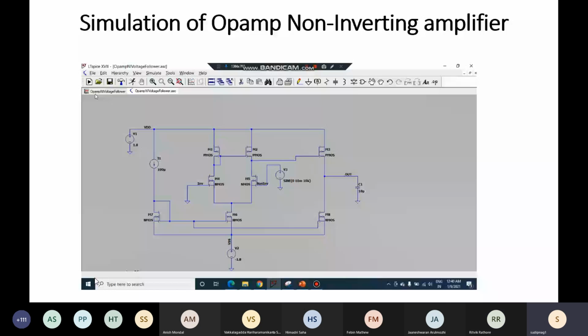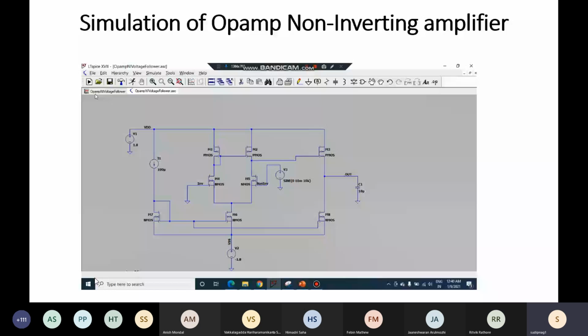Also, have a look that here the C2 capacitor is missing between the drain terminals of M2 and M3, that is, between the output stage and the differential stage upper PMOS transistors.